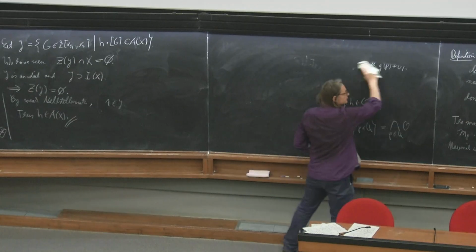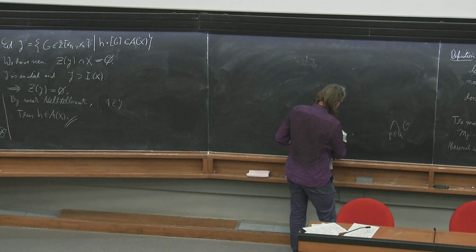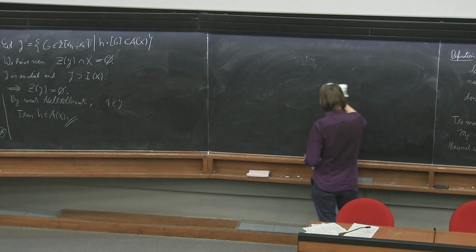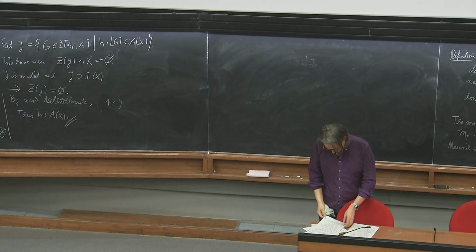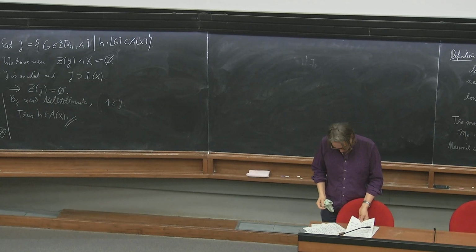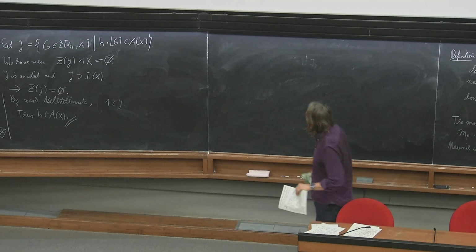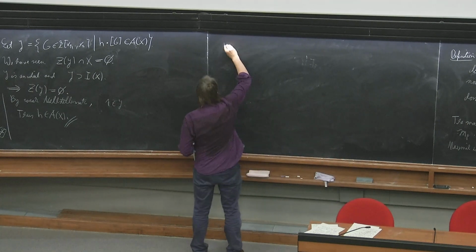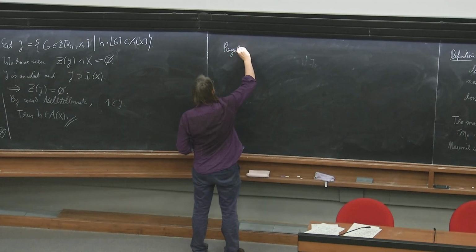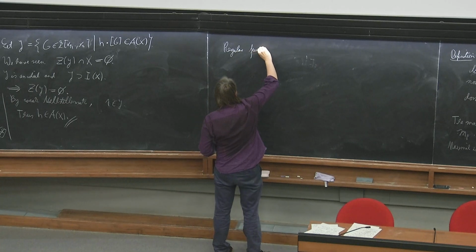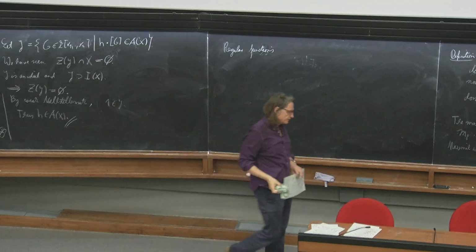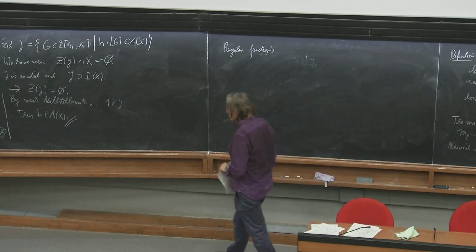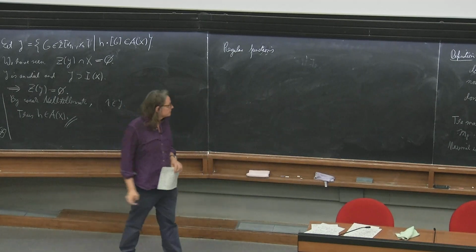Now I want to deal with the quasi-projective case, to say what regular and rational functions on quasi-projective varieties are. We want to make basically the same definitions, but we have to somehow, as always, replace polynomials by homogeneous polynomials.